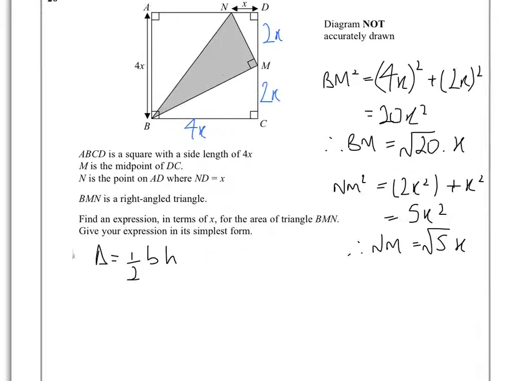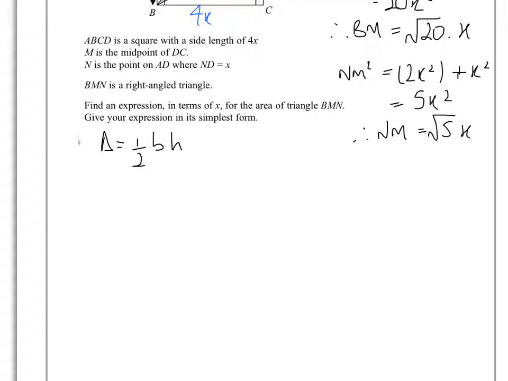So now we can put that all into this here, and we know that the area of that triangle is going to be equal to a half times the base, which was BM, root 20x, times by the height, which was NM, root 5x.